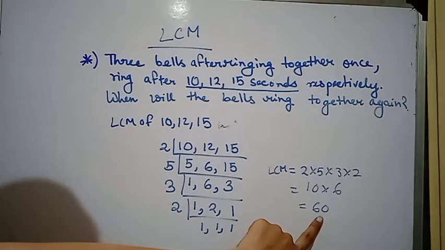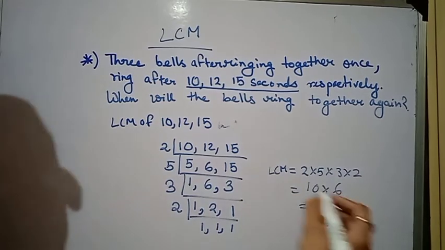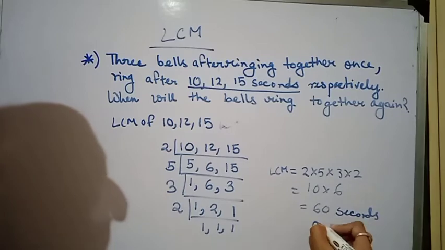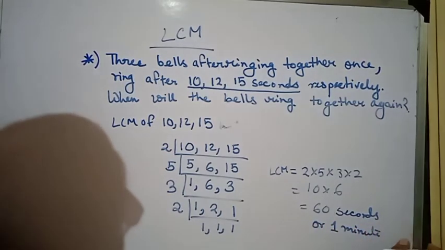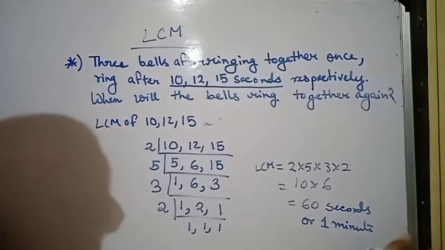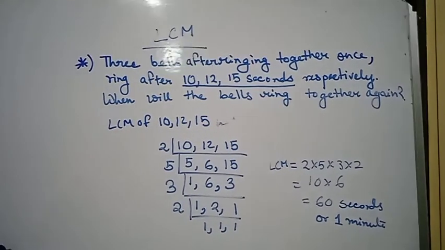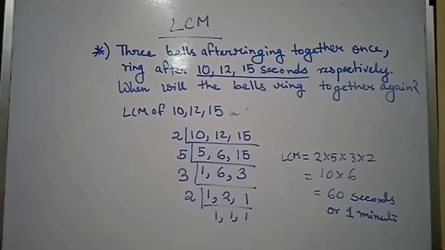They will ring together after 60 seconds. 60 seconds means 1 minute. As I know that in 60 seconds we have 1 minute, so we can write this as 60 seconds or 1 minute. Okay, so I will write the answer like this.